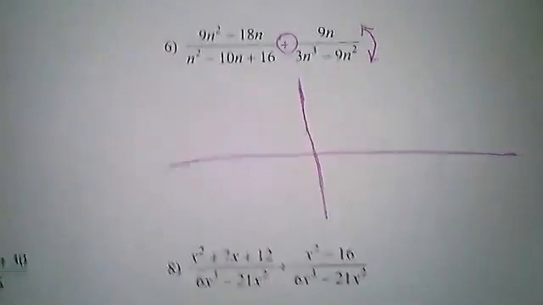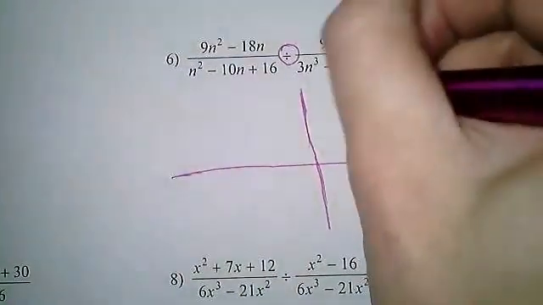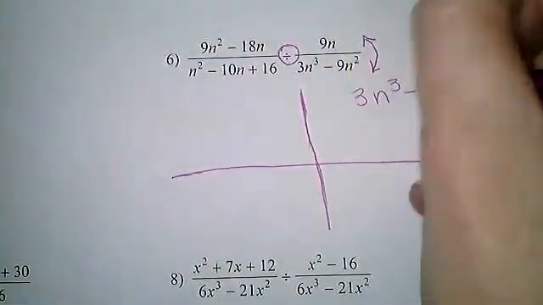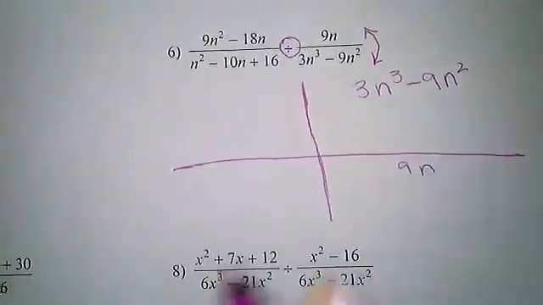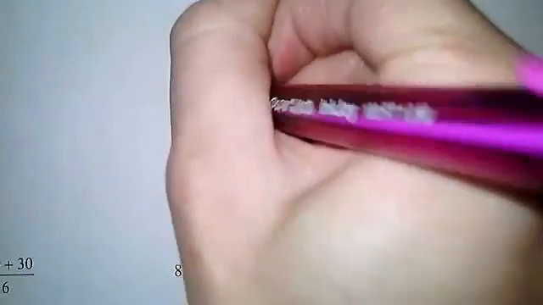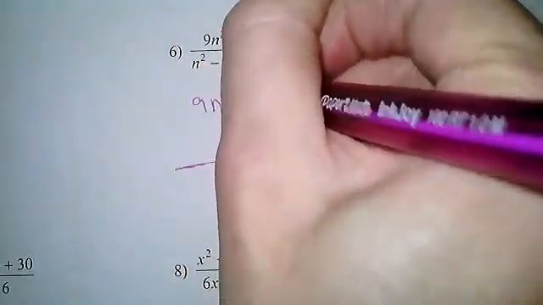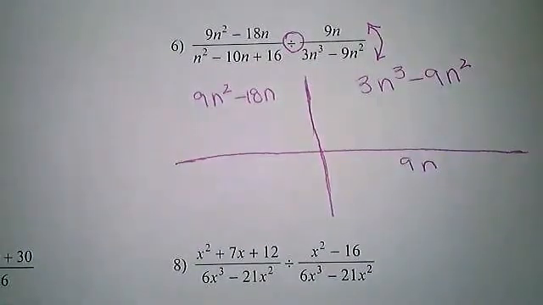So when you set up your box, just go ahead and flip the second fraction when you set it up. You're pretty much just bringing whatever's here into your box and whatever's here into your box, you gotta flip the second one.